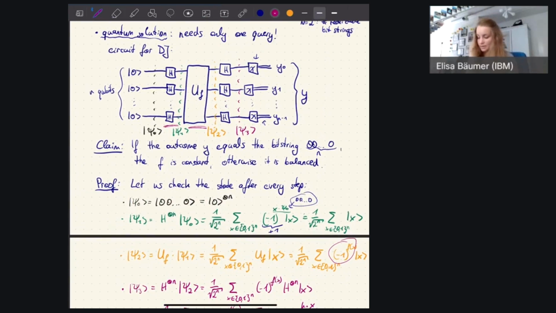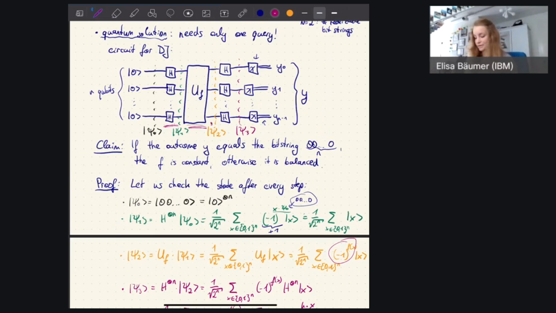So we just stay in the same state as before. Psi 2 would be the same as psi 1. And then we apply Hadamard gates again, and we know that applying Hadamard gates twice is the same as doing nothing. So we just go back to the 0 state that we had before.